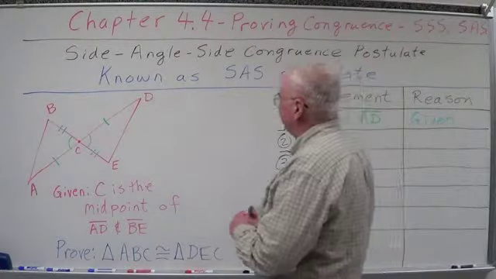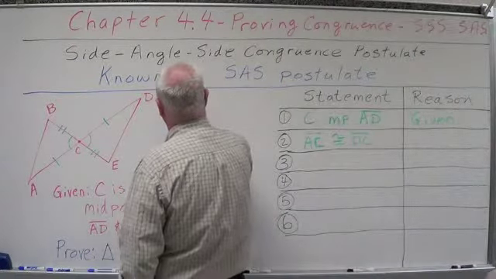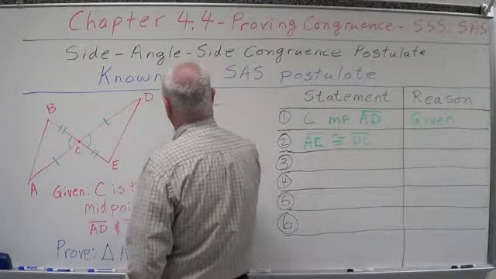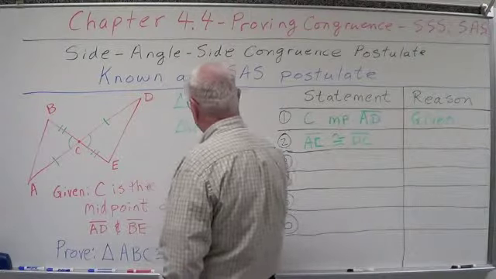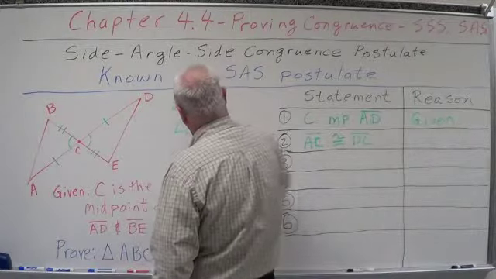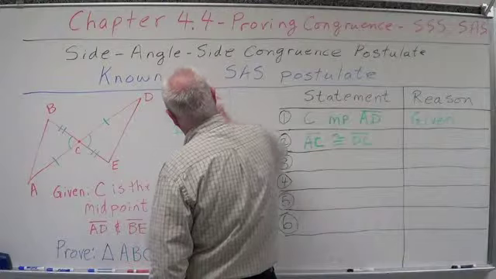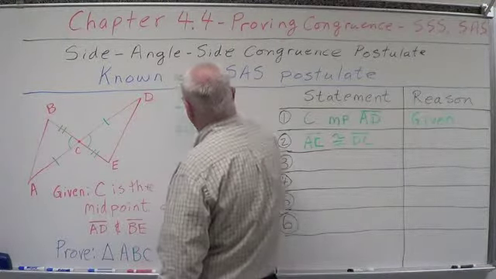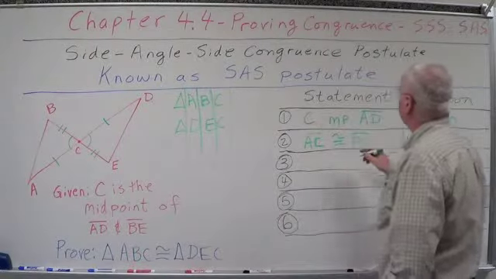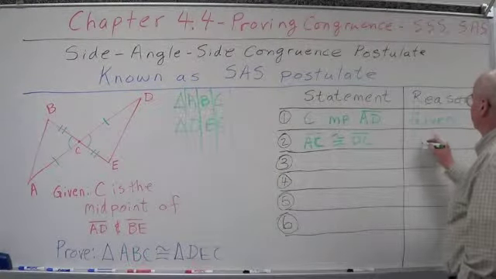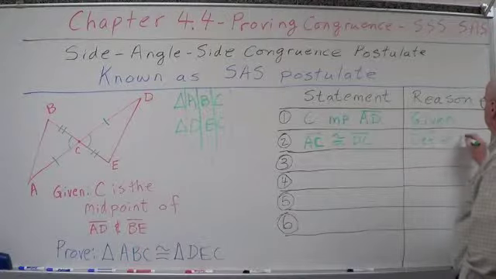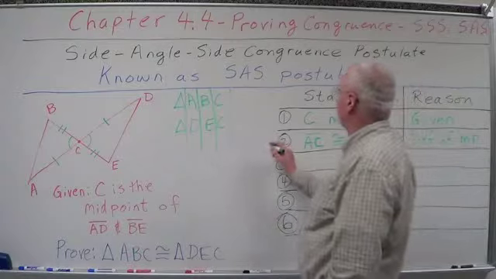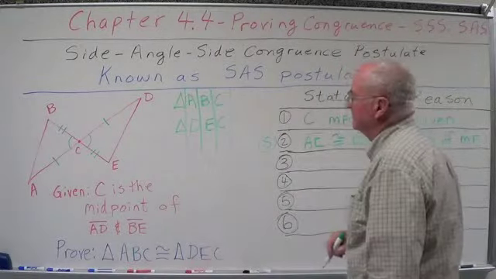In fact, let's put that up there so we can see it: triangle ABC and triangle DEC. A corresponds to D. So we're going to set it up that way. Now, why? Definition of midpoint. So there's one of our sides.